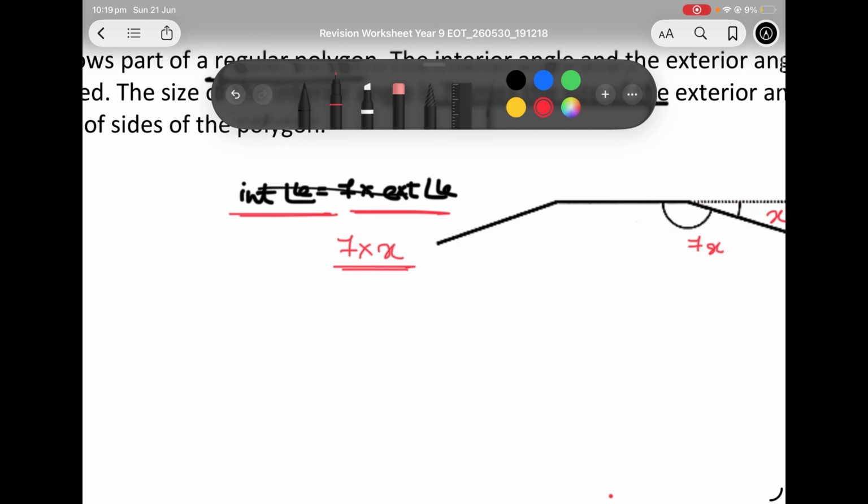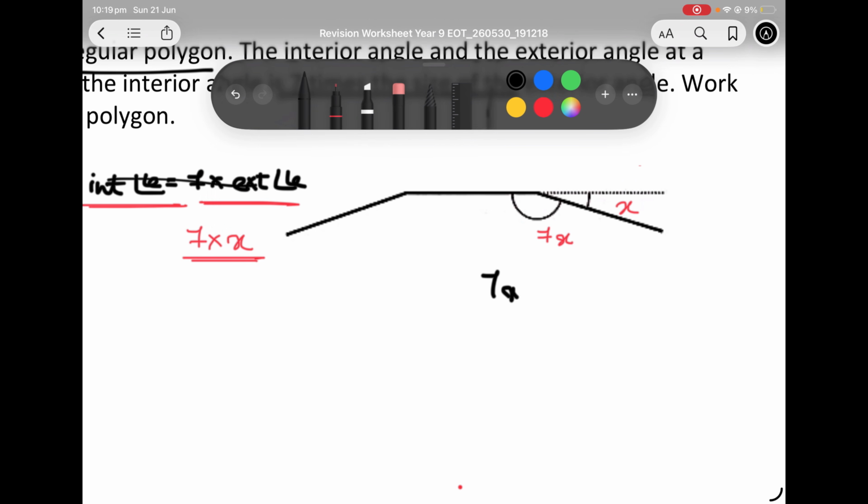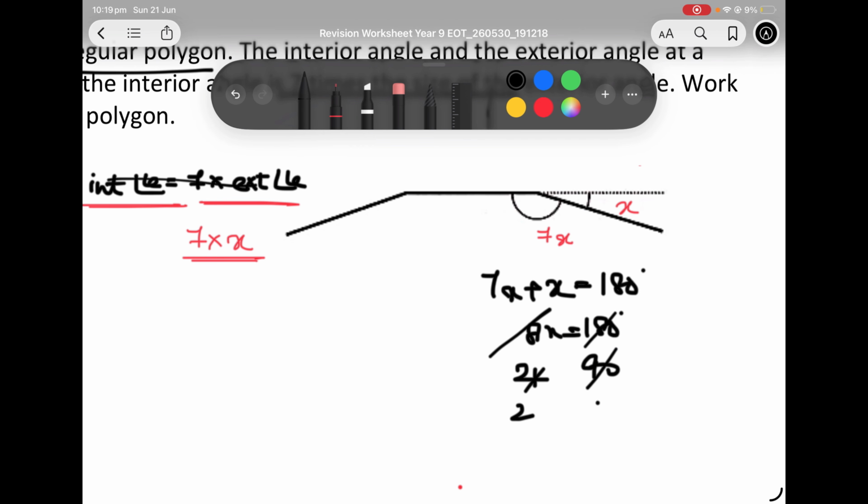When I look at the figure, as I told you, 7x plus x is equal to 180 degrees. That becomes 8x is equal to 180 degrees. Then x is equal to 180 upon 8.